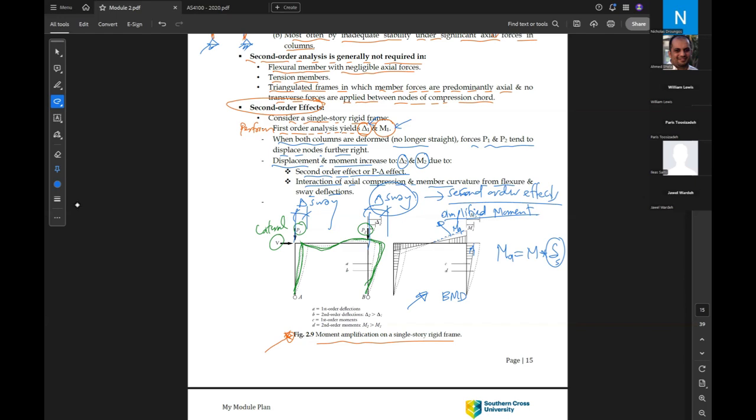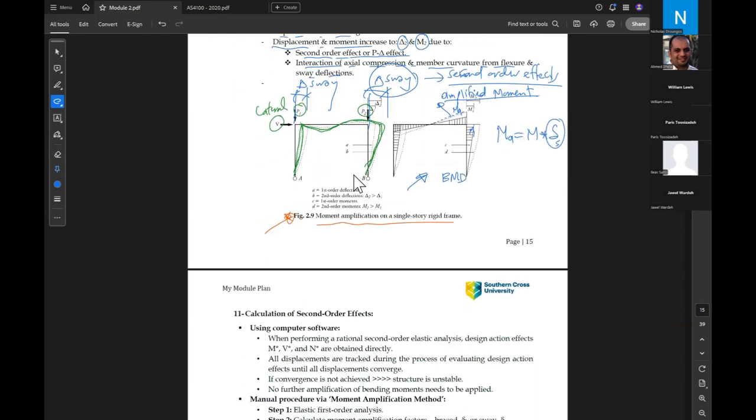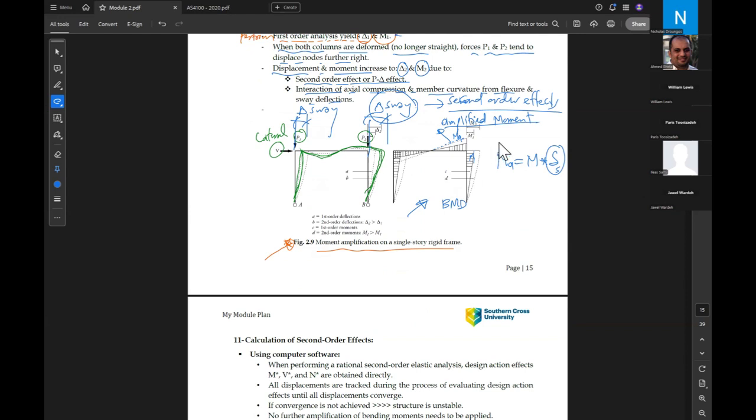So generally the idea is we are amplifying or increasing the applied moment due to second order effects, which mainly come from sway. Okay, so this is the idea.